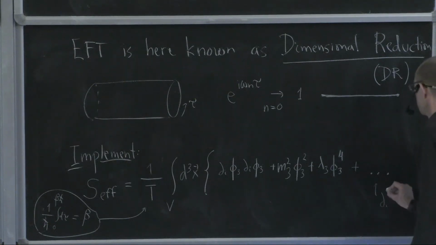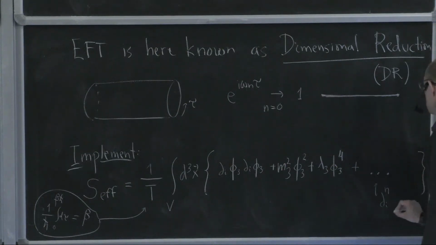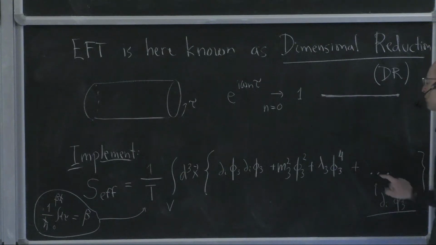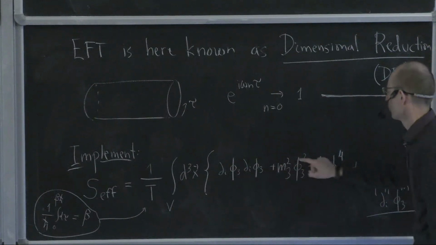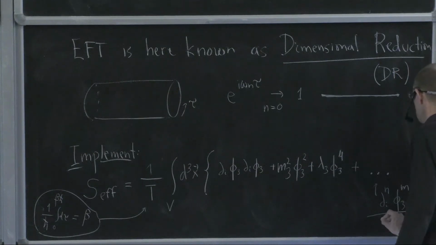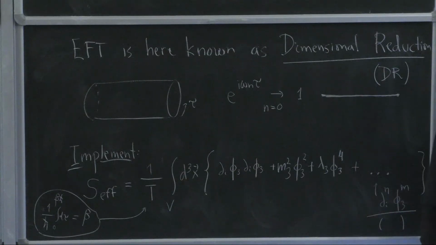Let me write it schematically as some derivatives d i n, fields phi 3 m. If n plus m is more than 4, then you have to divide by powers of the scale that one has integrated out. So basically 2 pi T to some power p, which would then be positive if these are large enough.